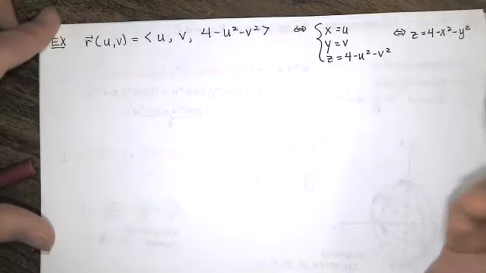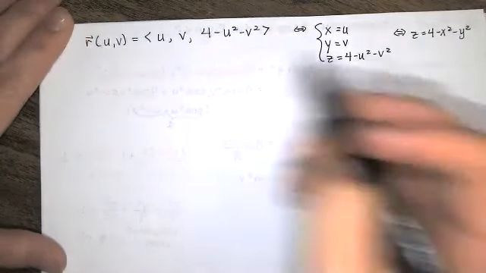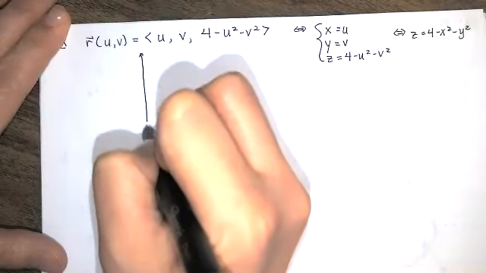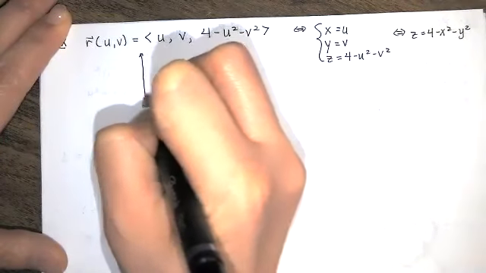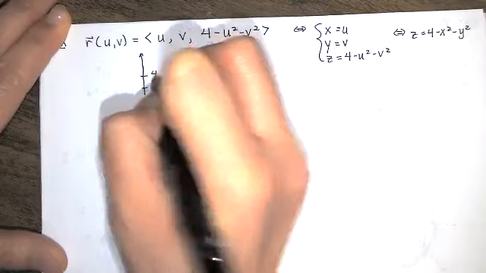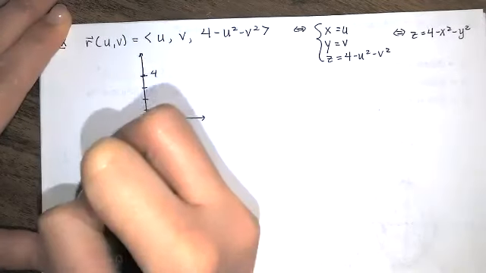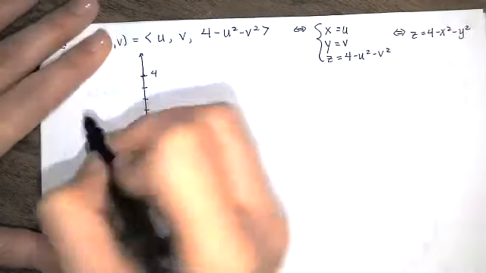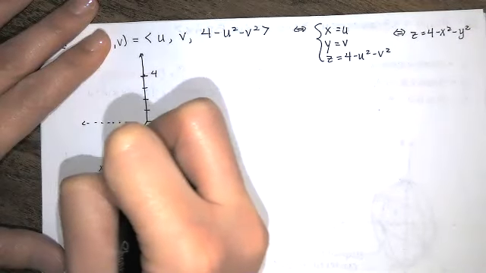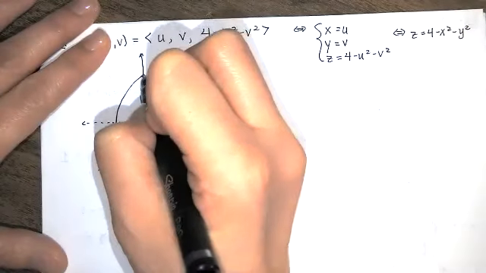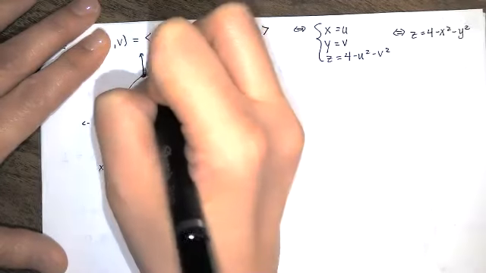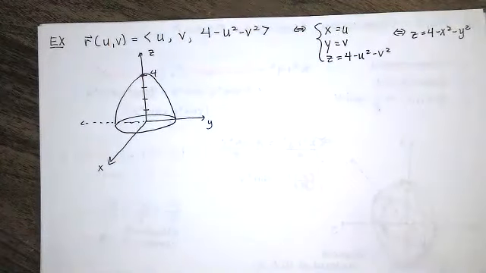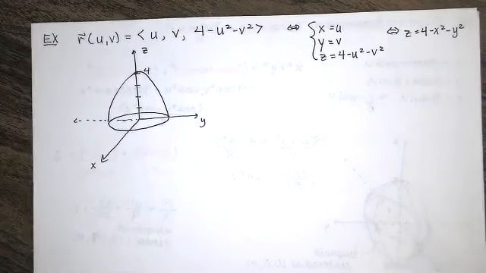So we've got an elliptic paraboloid facing down. And when x and y are both 0, z is 4. Now there are no limitations on x and y, but I'm just going to sketch it this way. So that's roughly what we've got there.